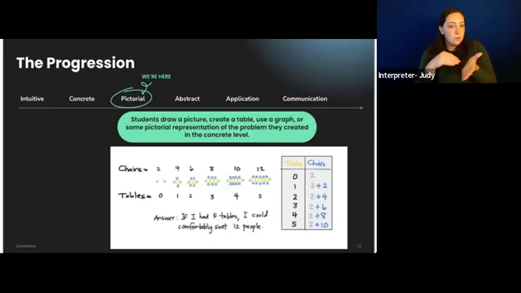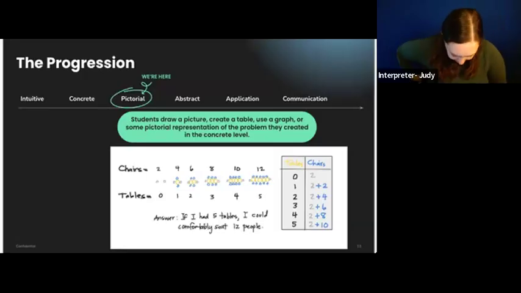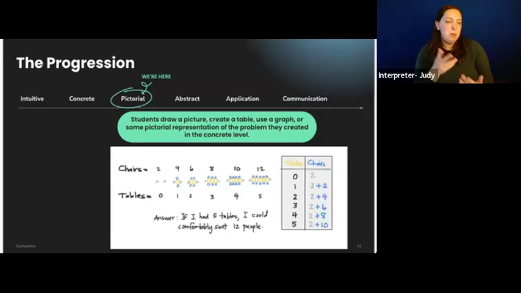You're not going to start teaching a concept and only do one activity in the pictorial and concrete levels. You probably will do several. And once they get the hang of setting up their pictorial representation, and they can move into charts or graphs, then you can move to the next level.